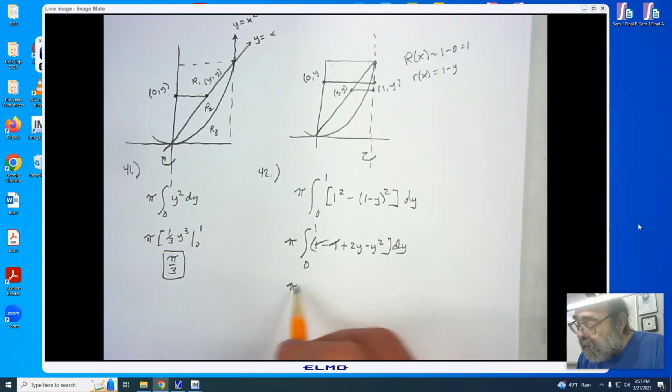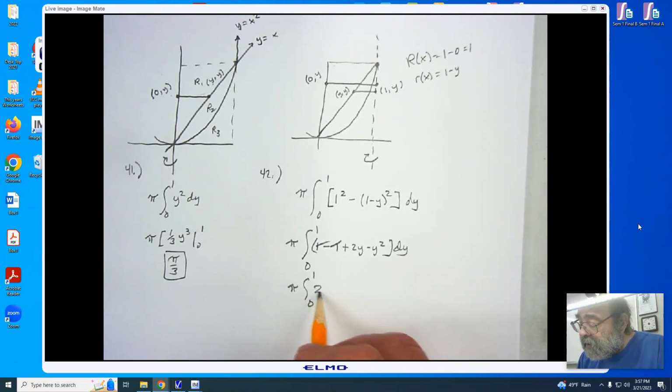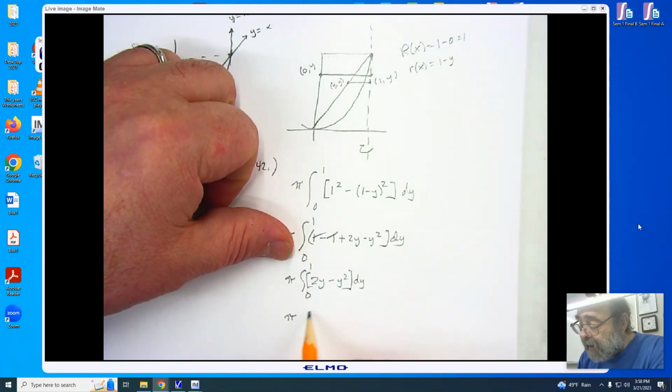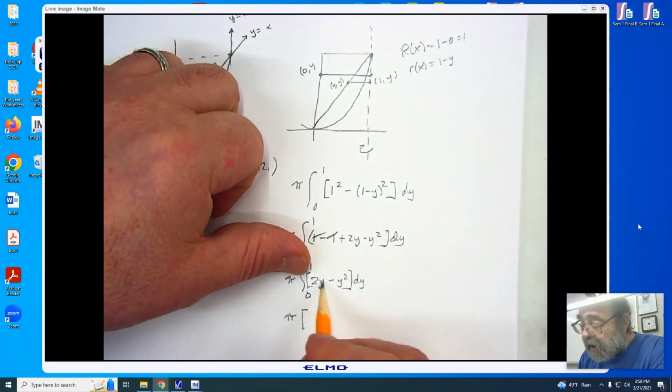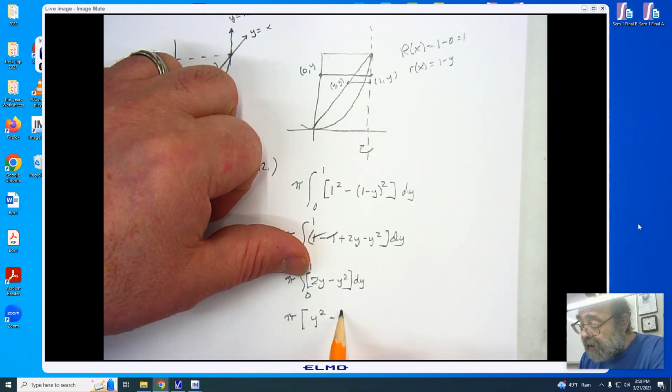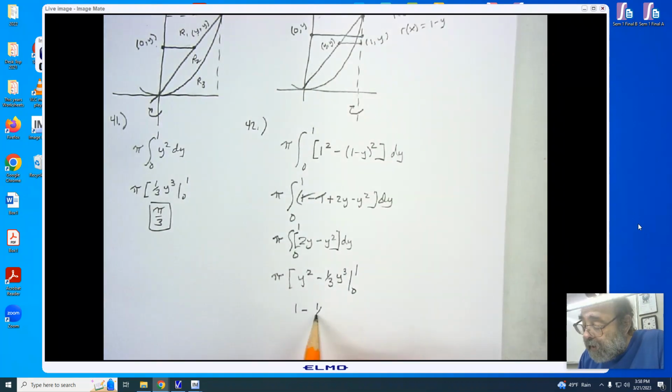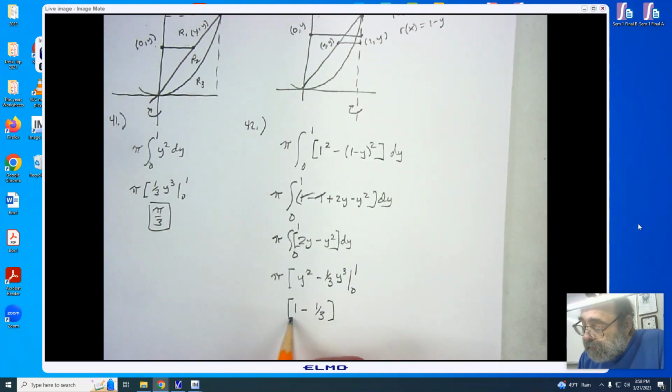This leaves me with pi times the integration 0 to 1 of 2y minus y squared dy. Integrating, I'm now getting y squared minus 1/3 y cubed from 0 to 1. That's going to give me 1 minus 1/3 multiplied by pi, and my answer is 2/3 pi.